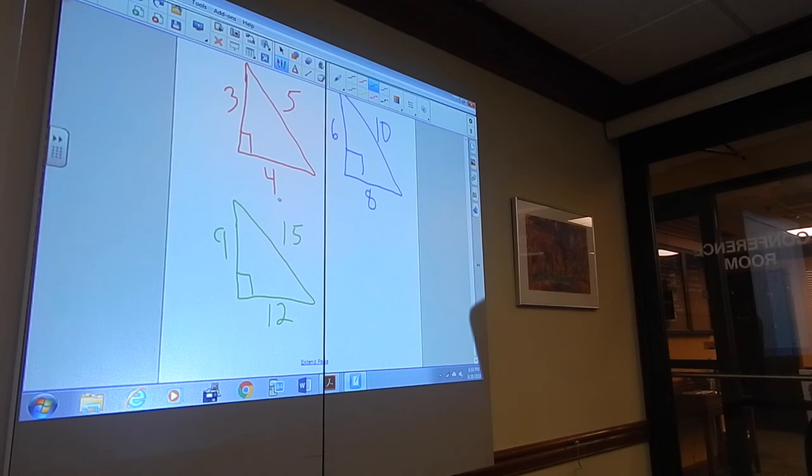Exactly. So if you see a 6 and an 8, you know it's a 3, 4, 5, and you got to think, I might be able to go down. It might help you out in order to solve the problem. You may not have to go through Pythagorean theorem all the time, especially if they give you this special triangle. And I tell you, if you don't see a 3, 4, 5 triangle, I don't know what the test is doing, because they always show up.